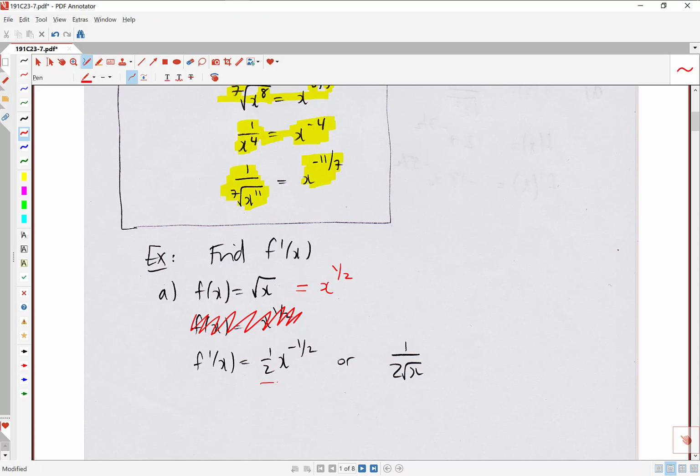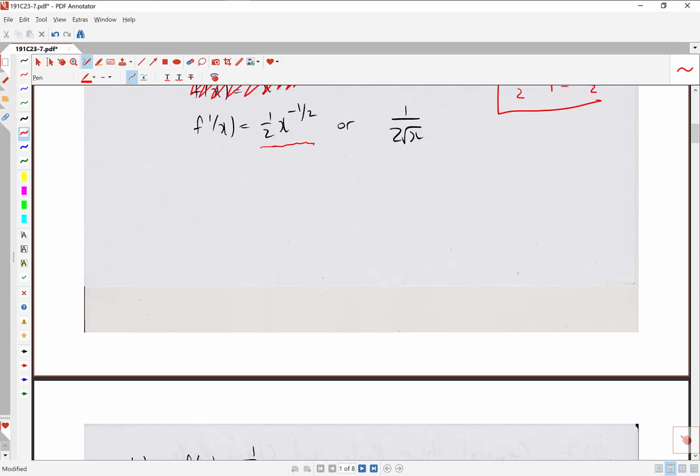So we get this 1/2 here, and then the power on the x decreases. It goes down by 1. So you go 1/2 minus 1 gives you minus 1/2. And that's how we get the new exponent on the x. So then you could leave your answer like this, or you could put it back into the radical notation, where you write 1/2 root x.